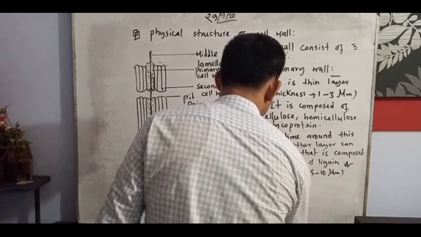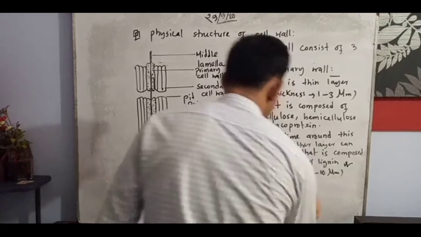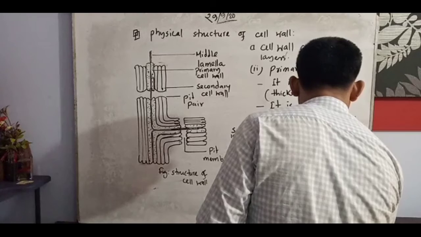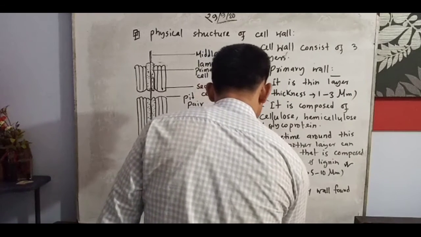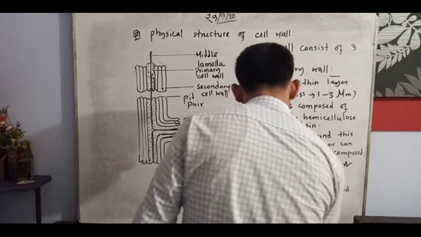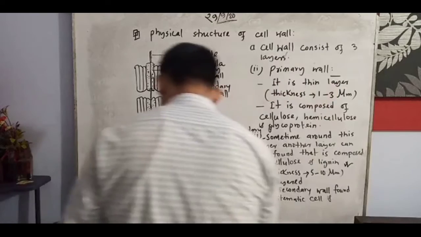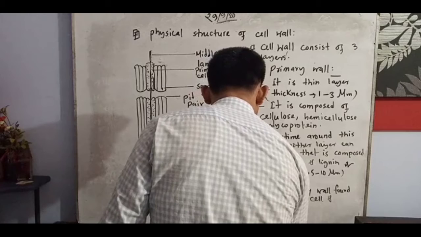This one is a very wanted type of question. No secondary wall is found in meristematic cell, and metabolic cell.